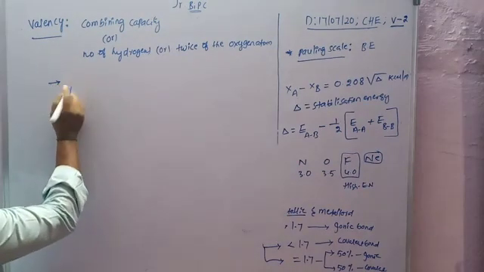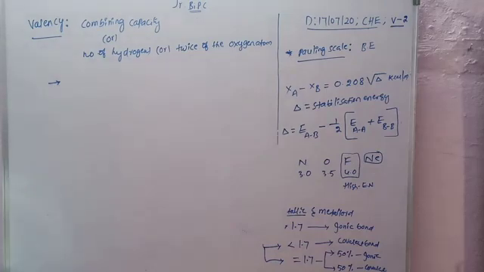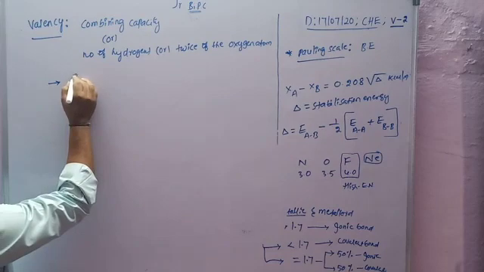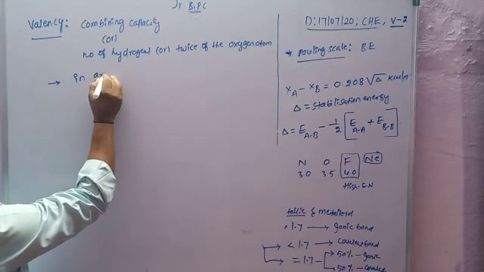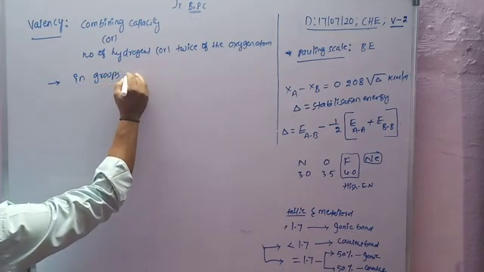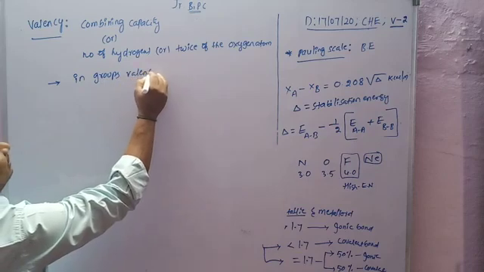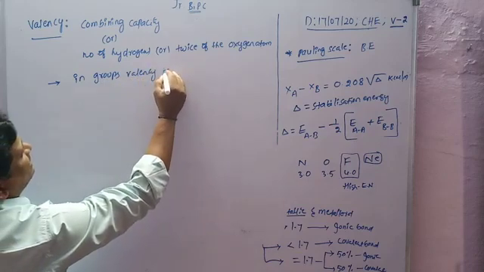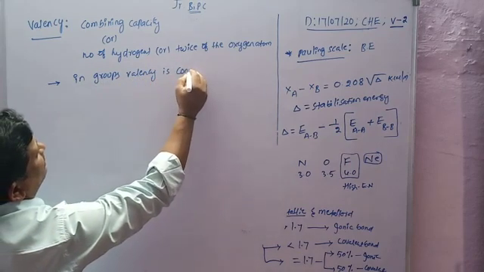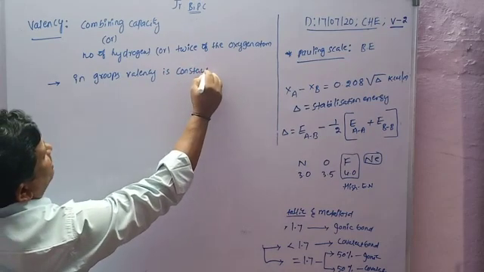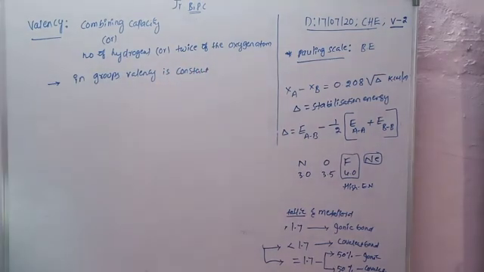So now actually valency in groups is constant. In groups, valency is constant. It means it remains the same because of similar electronic configuration.